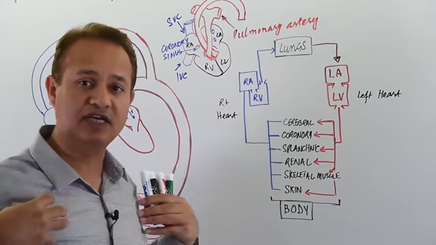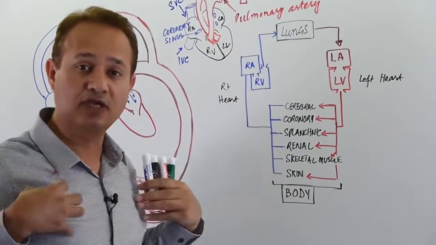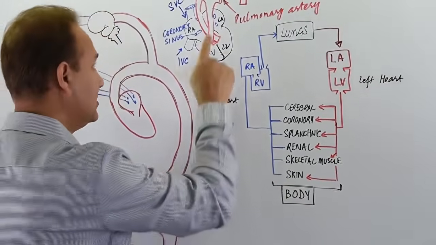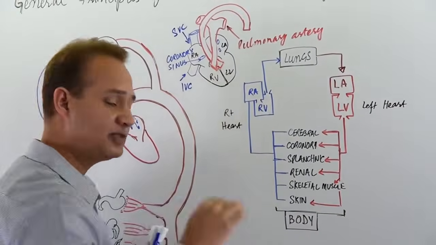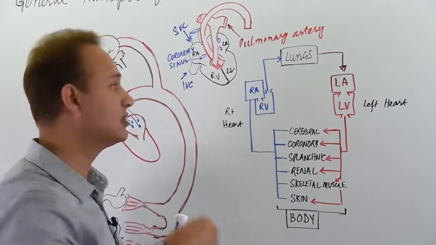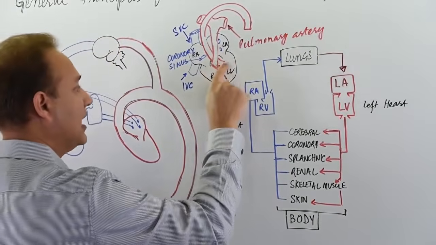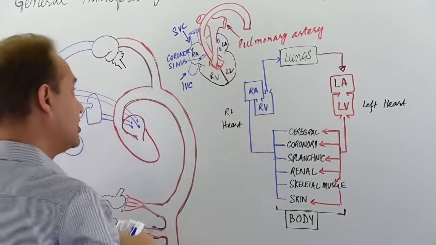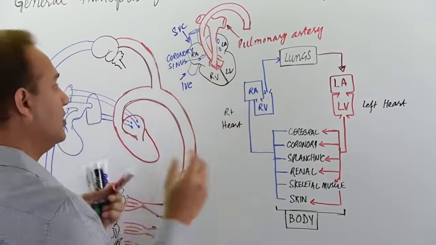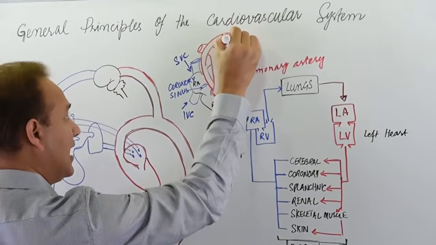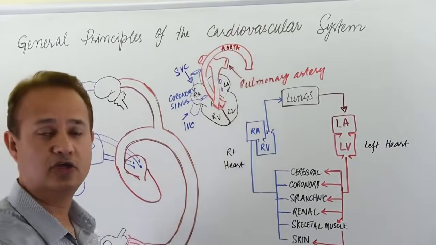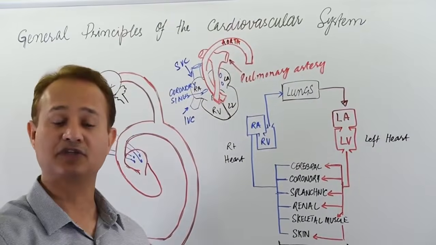Pulmonary veins bring oxygenated blood from the lungs to the heart, and so these are oxygenated blood carriers, but are veins because they are bringing blood to the heart. Okay, so left atrium and left ventricle. Left ventricle in turn pumps the blood into aorta, and then aorta is connected to the systemic tissues.